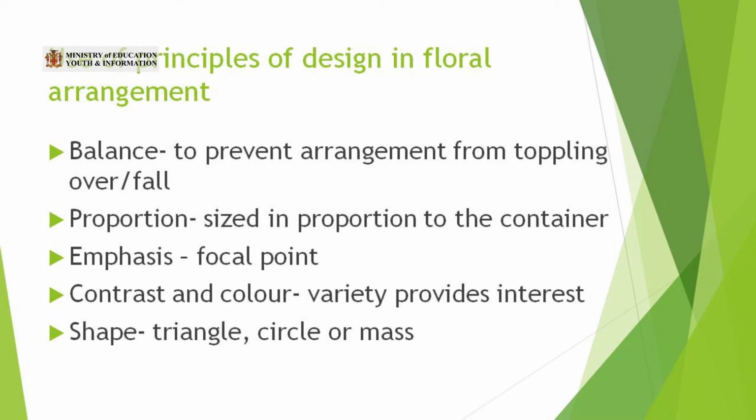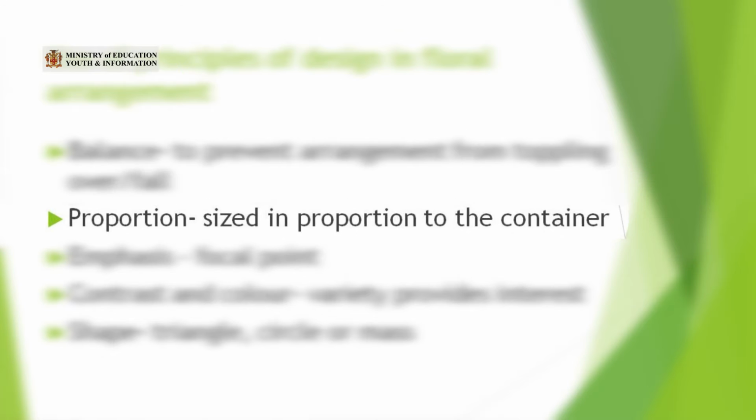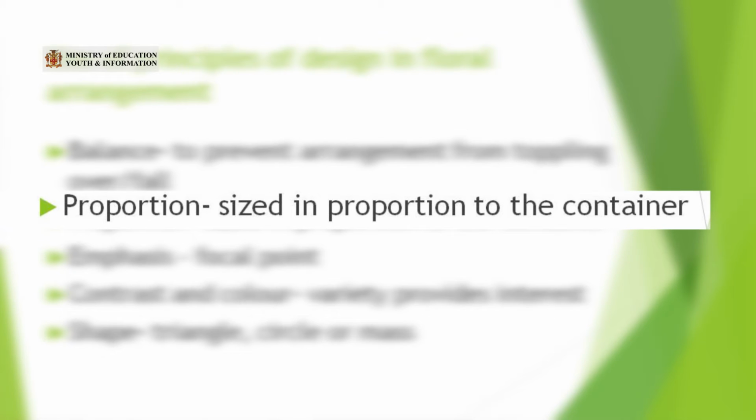Now what we need to know is the use of principles of design in floral arrangement. Number one, we have balance. To prevent an arrangement from toppling over or falling, you need to have balance for your floral arrangement. Number two is proportion. This is the size in proportion to the container.